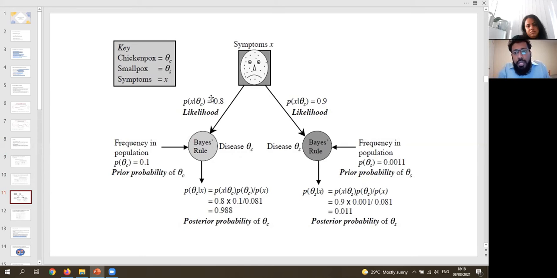But when we take into consideration the Bayesian equation, so I hope you have studied this in statistics, looking at the results at the bottom of the slide, the probability that you have chickenpox is more than 98%, and the probability that you have smallpox is almost equal to 1%, even though the likelihood of having smallpox was greater than the chickenpox.